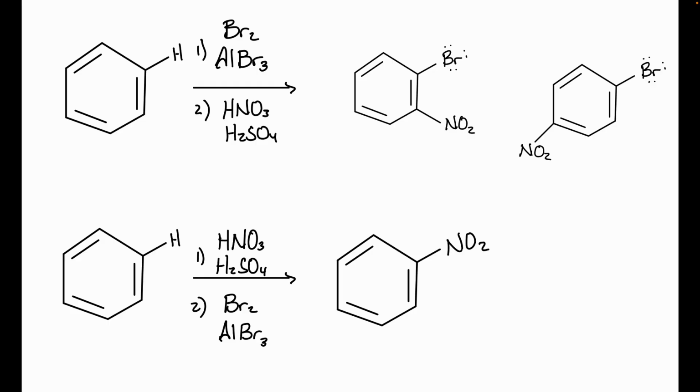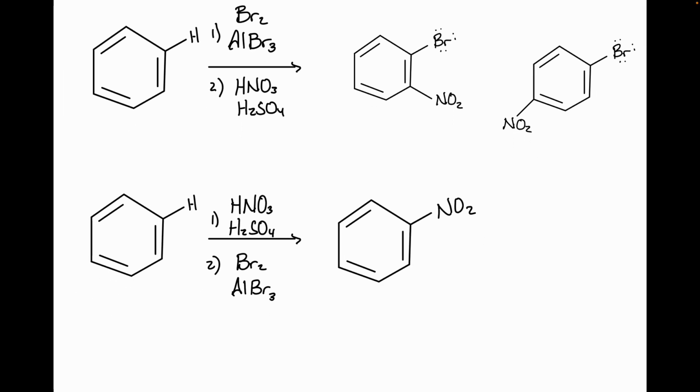But if I take these same two reactions and all I do is I switch the order in which those reactions take place, now all of a sudden I only get one product. I get my meta product.